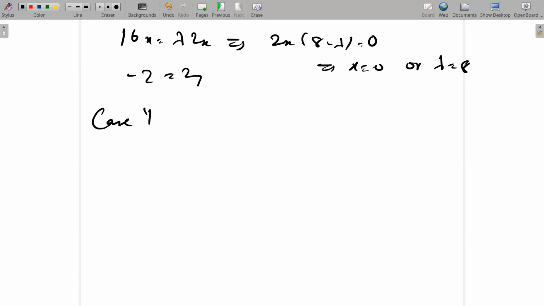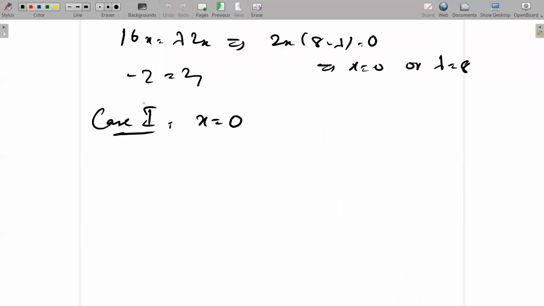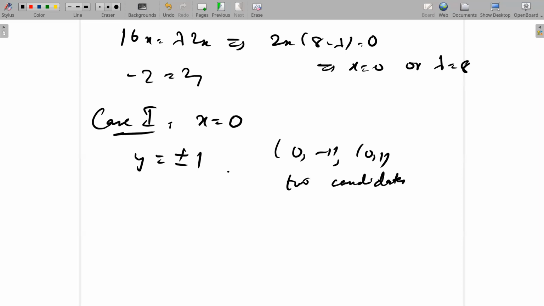So I will take two cases. First case, x equals 0. Then I look at my constraint. If x is 0, y must be plus or minus 1. So this gives us two candidates, 0, 1 and 0, minus 1, both for minima and maxima, but let's say we just care about minimizing.